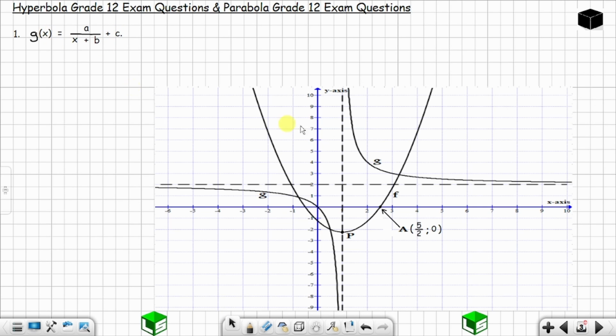You can see from the graphs, the vertical asymptote of this hyperbola, the graph of g, is at x is equal to 1. There's 1, there's 2, you have 0 there.